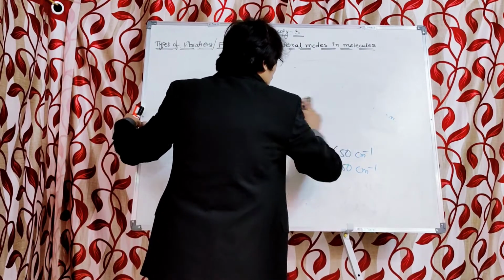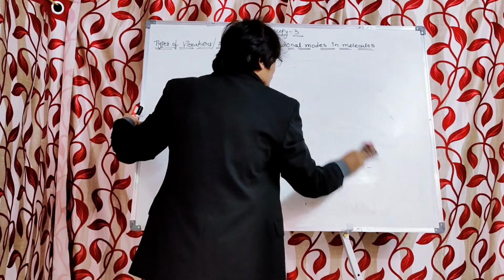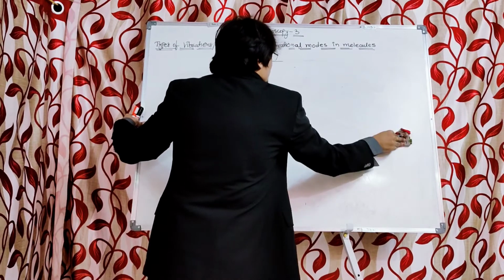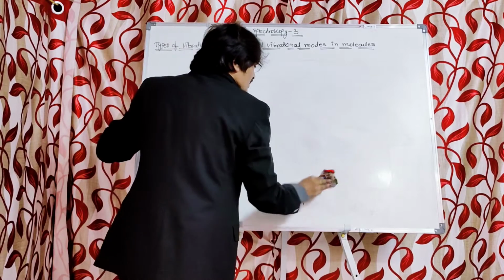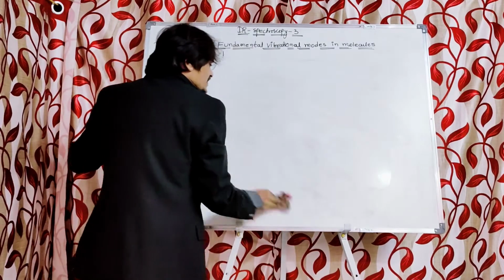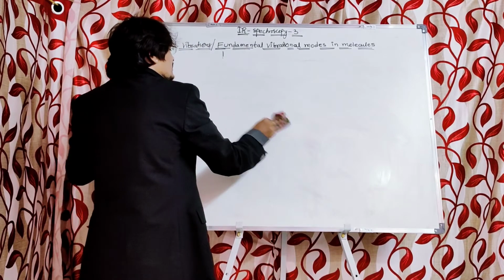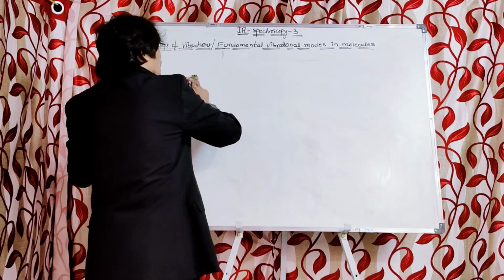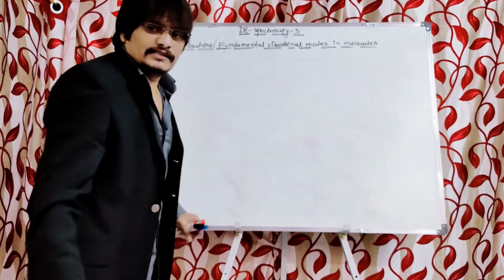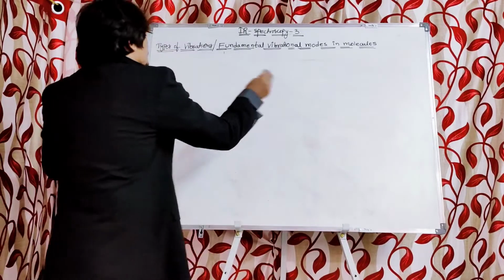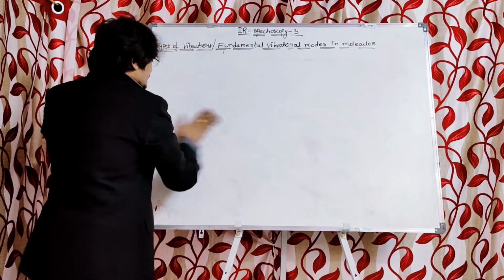And as energy is directly proportional to frequency, the frequency of an asymmetric group is more than the frequency of a symmetric group, or atom, whatever it is. So this is about stretching vibrations.